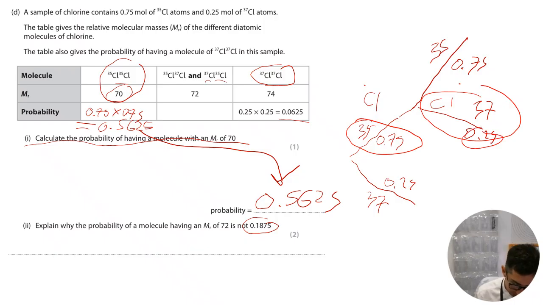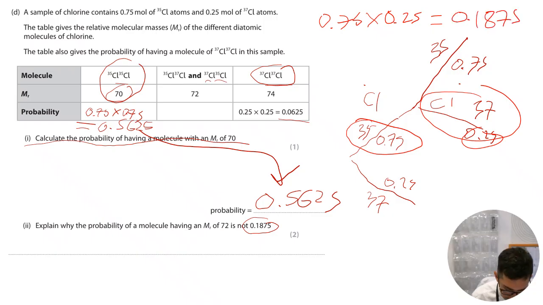So that's going to be 0.75 times 0.25, which is 0.1875. So you might be thinking, hang on a minute, but it is.